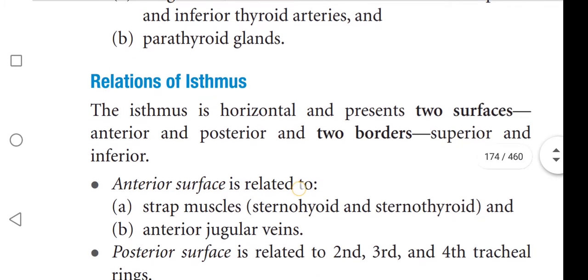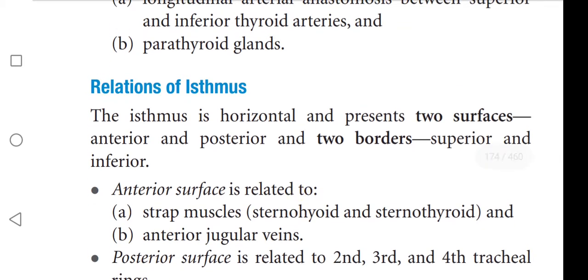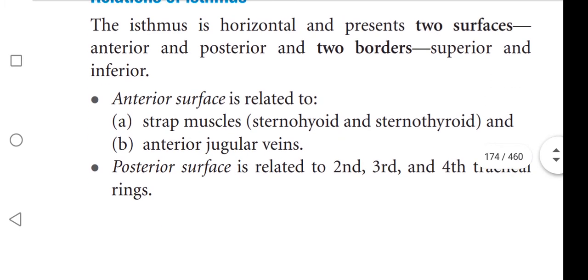Next, coming to relations of the isthmus. Isthmus is horizontal and has two surfaces and two borders. Two surfaces are anterior and posterior surface, and two borders are superior and inferior. First, anterior surface. Anterior surface is related to strap muscles and anterior jugular vein.